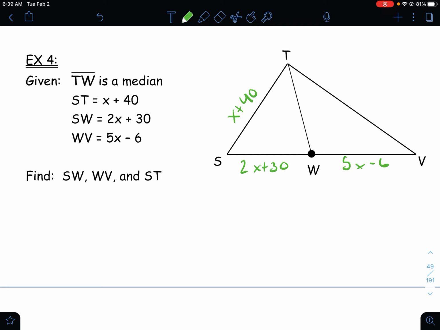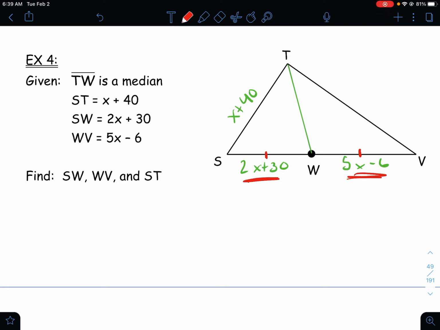So they told us that TW is the median. So if TW is a median, that means that this line segment has to be congruent to that line segment. And if that's the case, we can set them equal to each other. We can set 2x plus 30 equal to 5x minus 6.